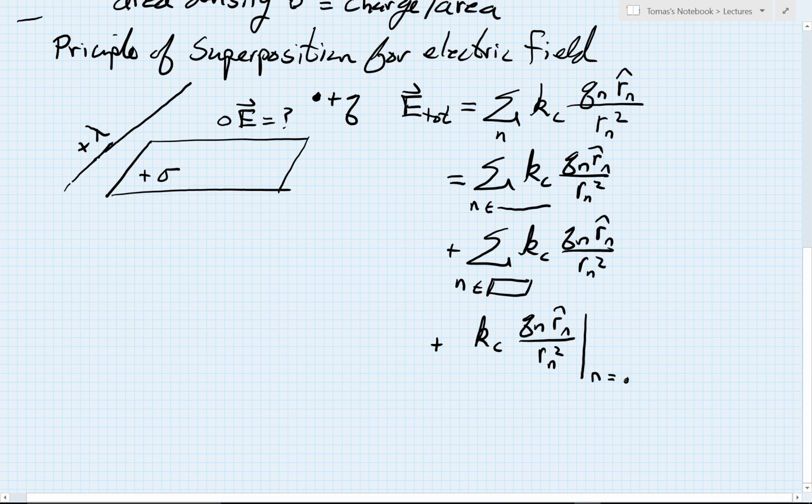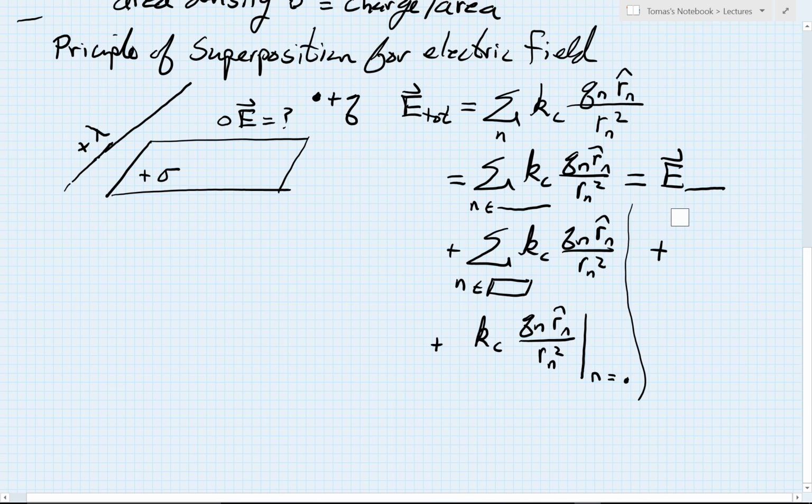Now, if you look at what we have here, I think you can see very quickly that this is just going to be equal to a sum of three terms. The first term is exactly what we would write down for the electric field for the line. So I'll just call this the electric field that comes from the line, plus, right here I'm just kind of separating out the two parts of my derivation, right?